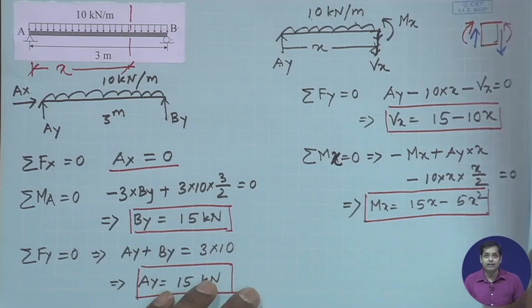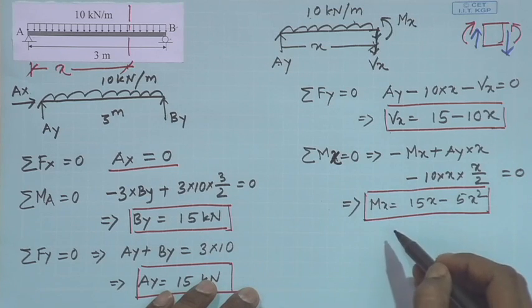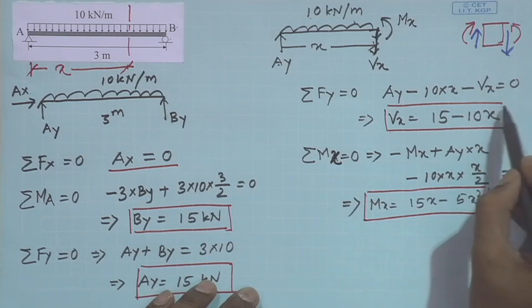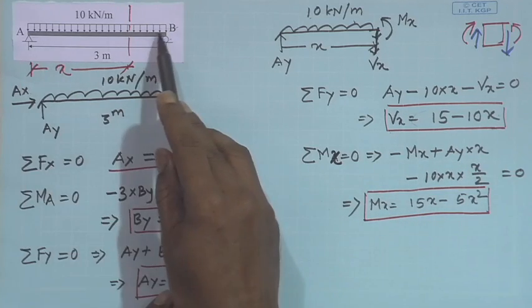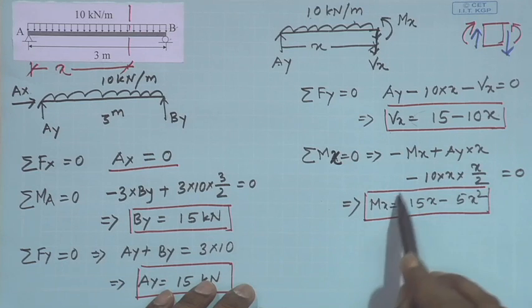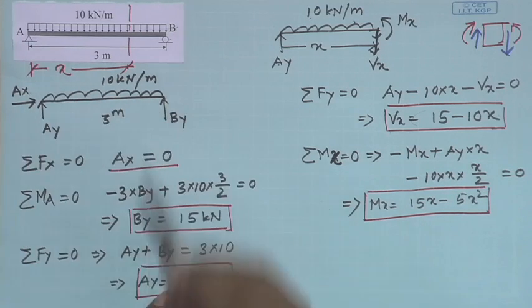Now, let us draw the shear force diagram, which will be the graphical representation of this equation along this length, and the bending moment diagram will be the graphical representation of this equation along this length.